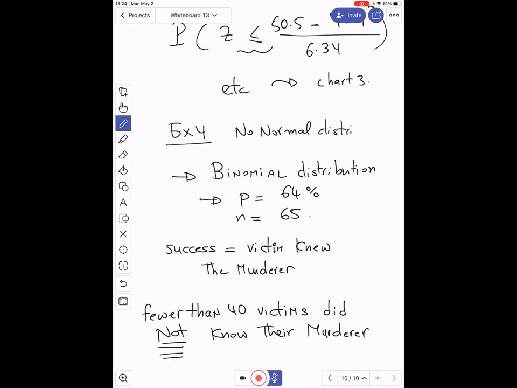If fewer than 40 victims did not know their murderer, the question is, since the success for me is when the victim knew the murderer, the fewer who did not know the murderer, the more knew their murderer.